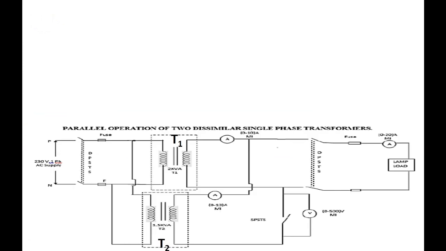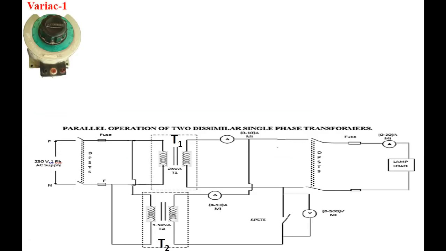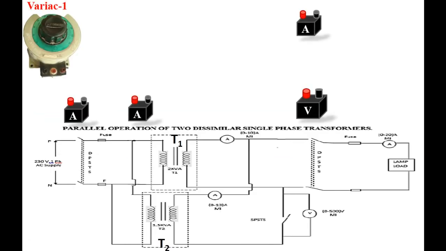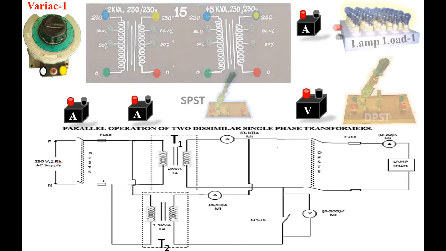Let's see the circuit connections. So we require one auto transformer, one variac. Then based on nameplate details, one can select the appropriate value of ammeter and voltmeter. And these are the knobs where we will be collecting the supply from the variac. The variac is a variable auto transformer from 0 to 270 volts. The input is single phase, 50 Hz voltage on the other side.